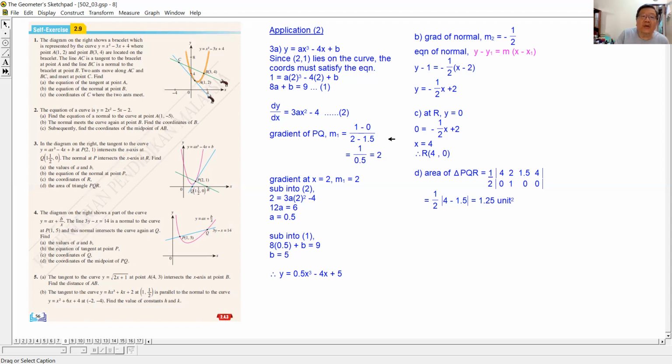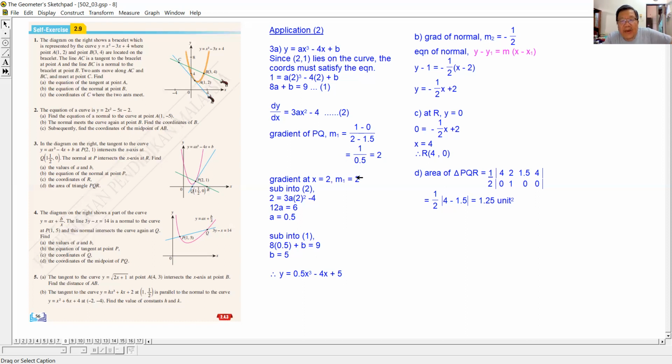But the line PQ is also the tangent to the curve. That means the gradient of the tangent to the curve is also 2, because it's the same line. So knowing the gradient of the tangent and knowing the point, the gradient at x equals 2 is 2.